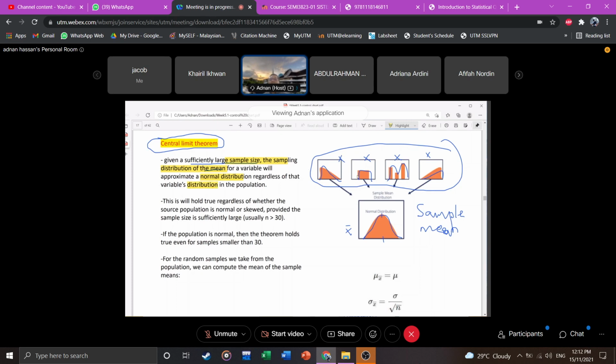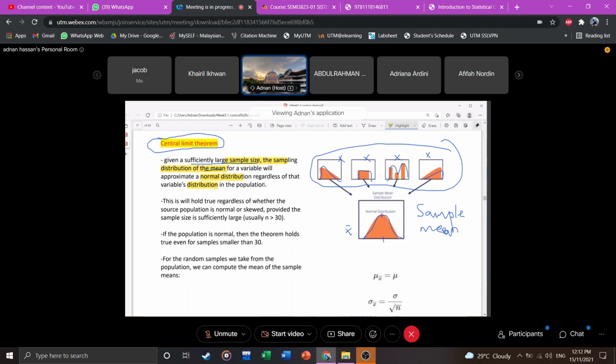Regardless of the population that you have here, if you take a sample, for example instead of individual values you take an average of say 5 values, every 5 you take the average, and you plot those averages, you're going to show normal distribution. This is what central limit theorem says.